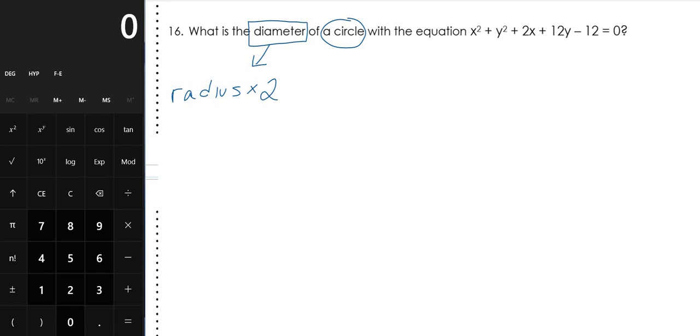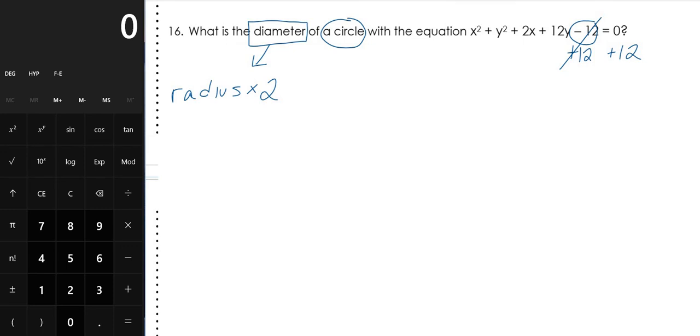Let's take a look at our equation. Well, it is not in standard form again, so that requires us to do all those steps that we did before to get to standard form. Now, step 1, make sure you get rid of that negative 12 from being on the same side as all of our other x's and y's. So we're going to add 12 to both sides. And then we're going to rewrite, grouping together the x's and the y's.